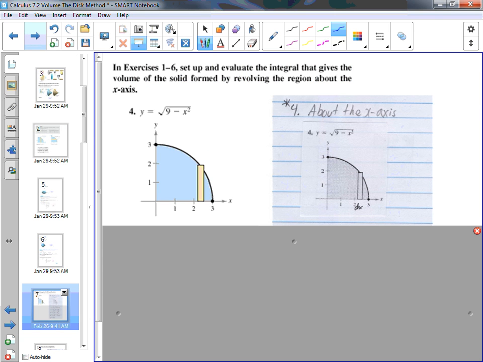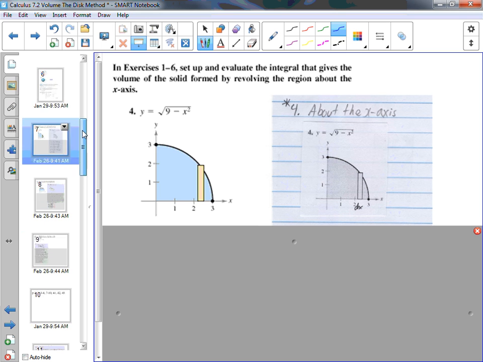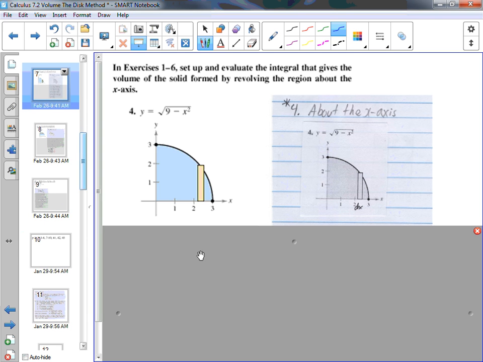Let's do number 4. On page 463, it says set up and evaluate the integral that gives the volume of the solid formed by revolving the region about the x-axis. So, draw the graph.